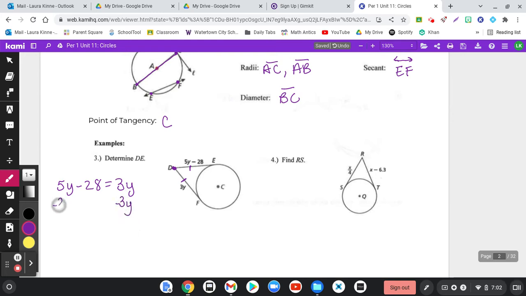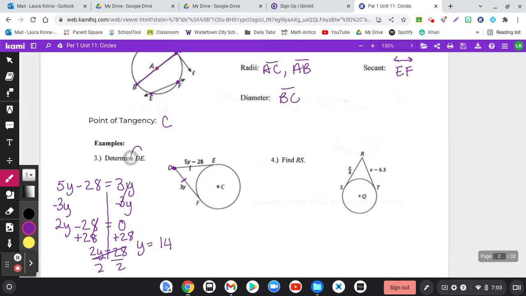So we'd subtract the 3y. Remember, draw the line down if you need to. You're left with 0. Over here you have 2y minus 28 equals 0. 0 is a number, that's fine. Add 28 to both sides. So 2y equals 28. Divide by 2. Y is equal to 14.